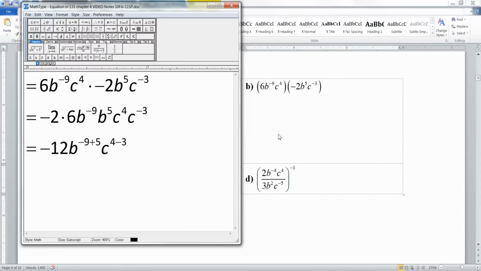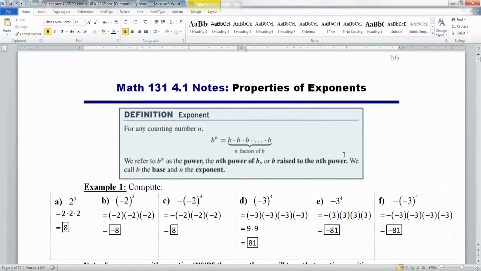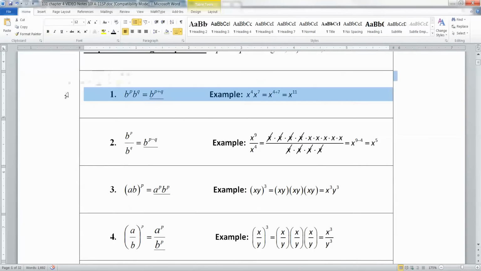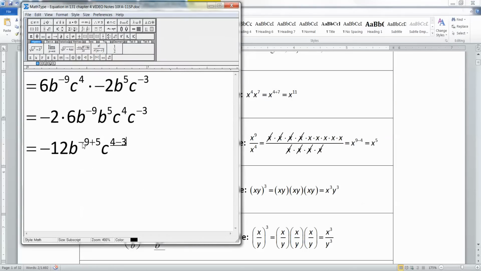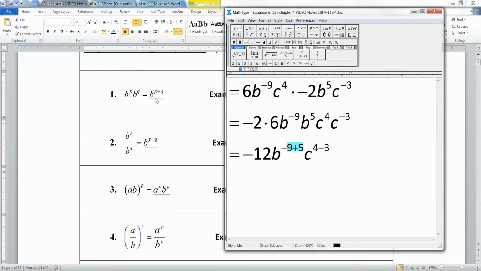You add those powers. It's the first rule of exponents, back on page 66. First rule of exponents, right there. B to the negative 9 times b to the 5 means b to the negative 9 plus 5. That's where I'm getting that from. It's almost identical to the instructions on that property of exponents rule.